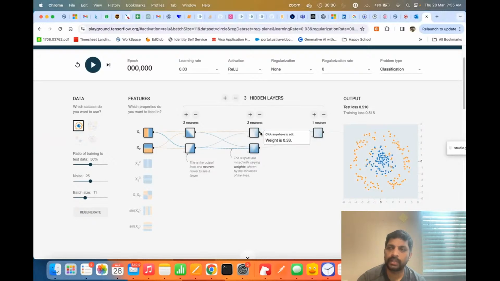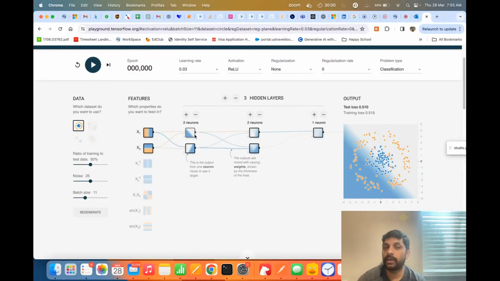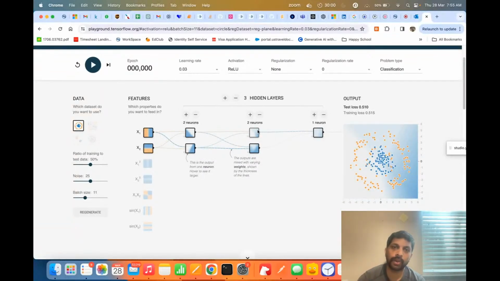Here it will become 1 by 1 plus e power minus z3, z4, but z3 is equivalent to w31 a1 plus w32 a2, and that's what is 1 plus e power minus z, and here it will become w41 a1 plus w42 a2.